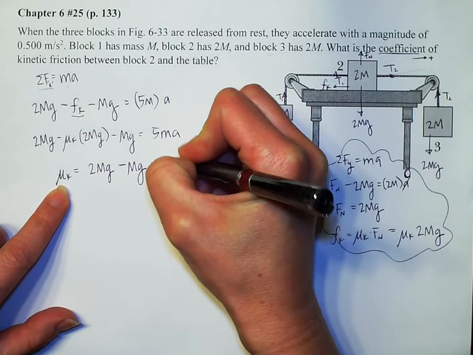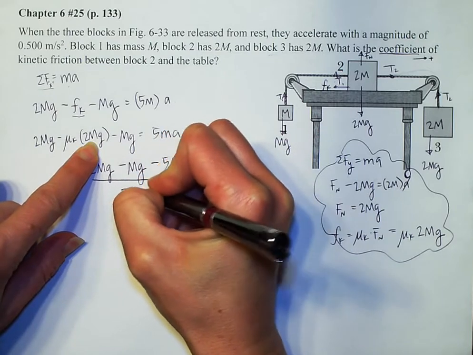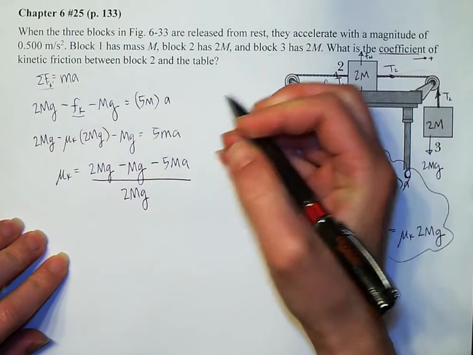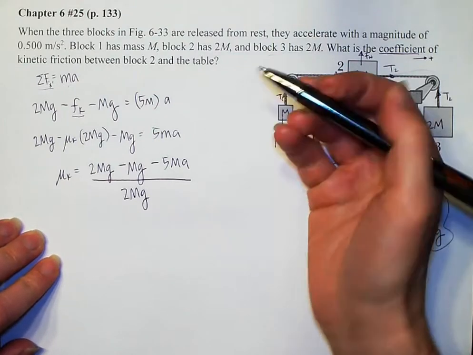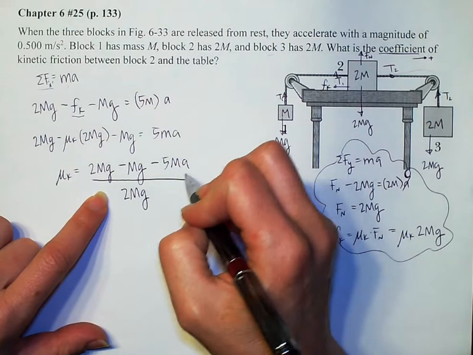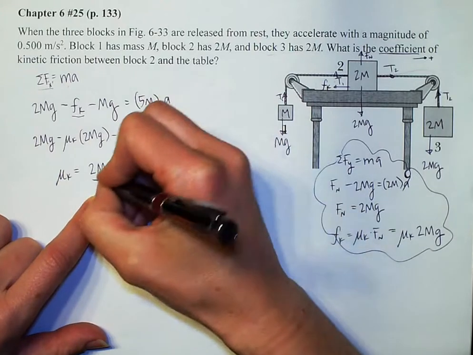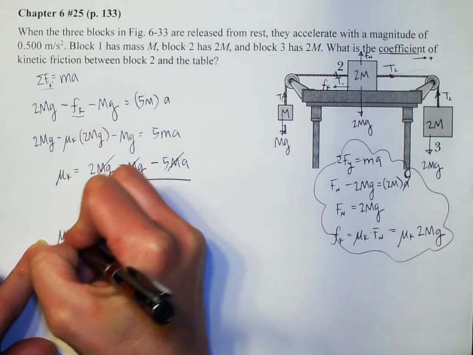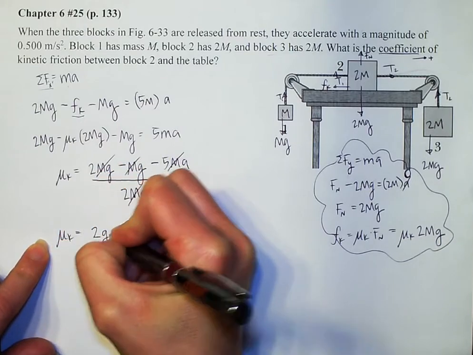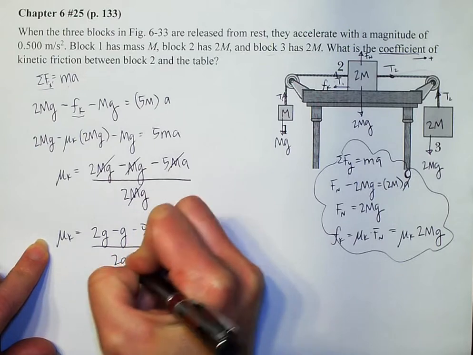So minus 5ma, all divided by my 2mg. So again, you can pause really quick and make sure that I'm mathematically correct, but I'm pretty sure I am. Then I noticed that I don't know what m is, but I also don't care because it cancels out. See you later, m's. So now mu k equals 2g minus g minus 5a over 2g.